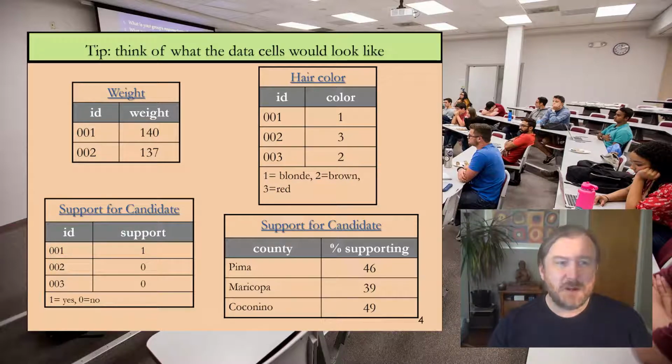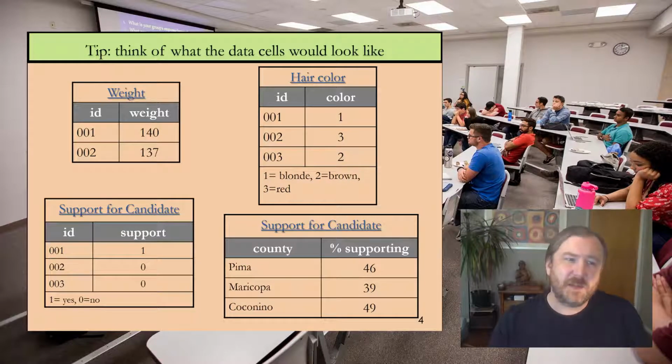At the same time, you can oftentimes represent the same type of data as qualitative or quantitative. If we're looking at the support for a candidate, it could be looked at in a binary fashion: yes, I support this candidate, or no, I don't, and we just report 1 or 0 for each person's response.